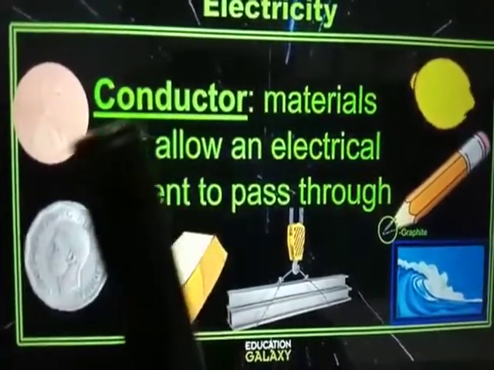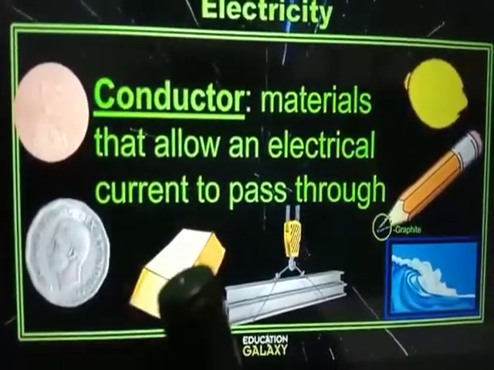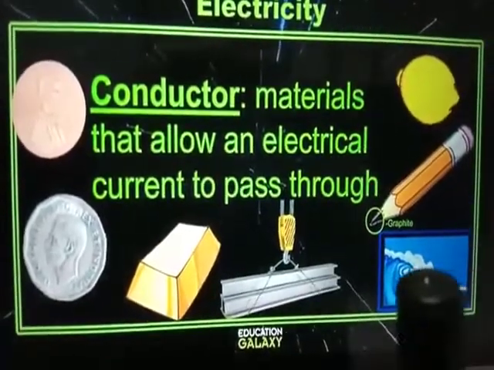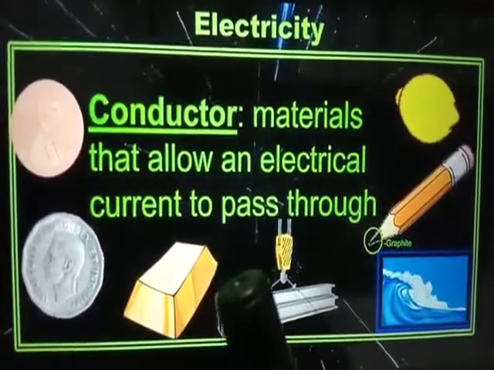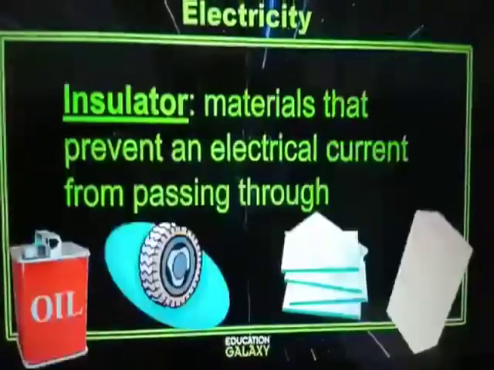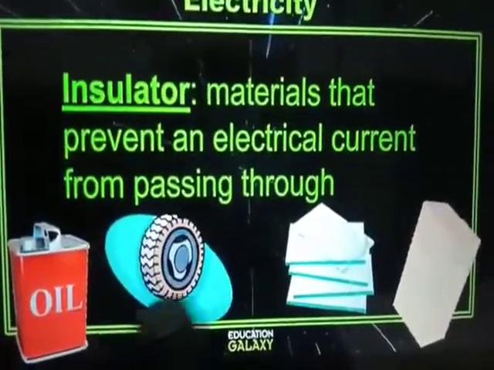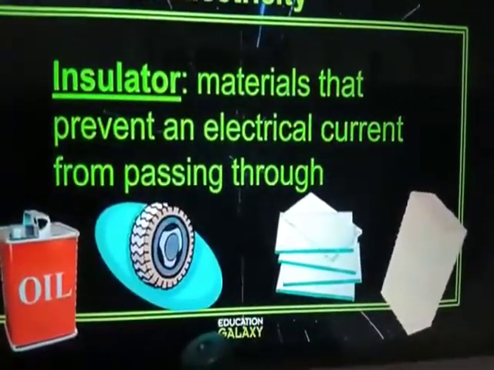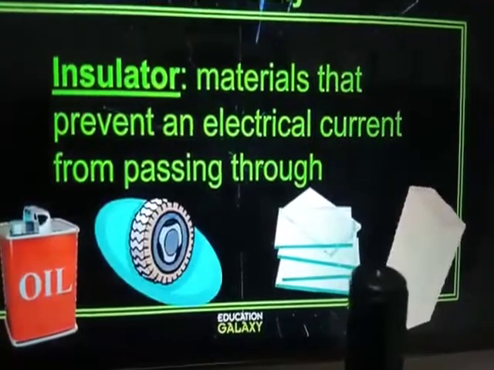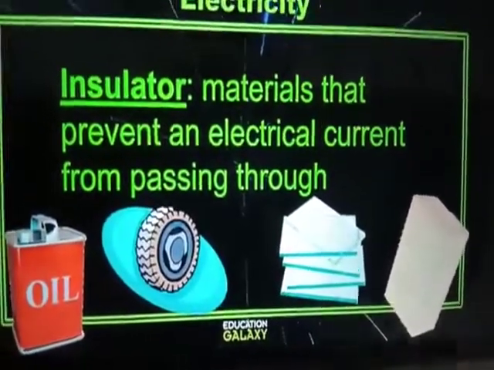Metals such as copper, silver, gold, aluminium, salted water and graphite are examples of these. But some materials like oil, rubber, glass and wood do not allow the electric current to pass through them.